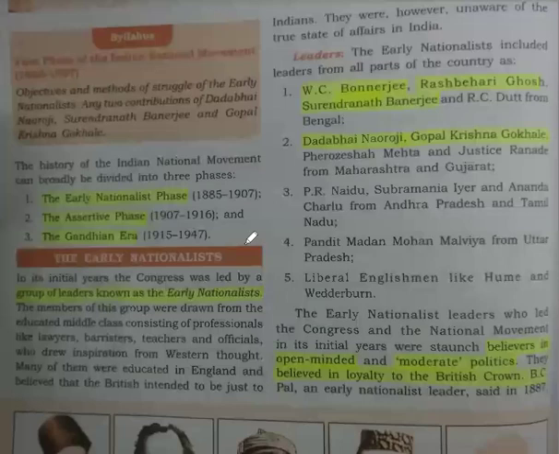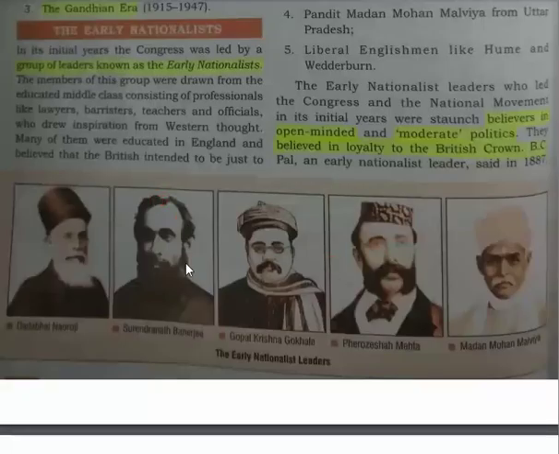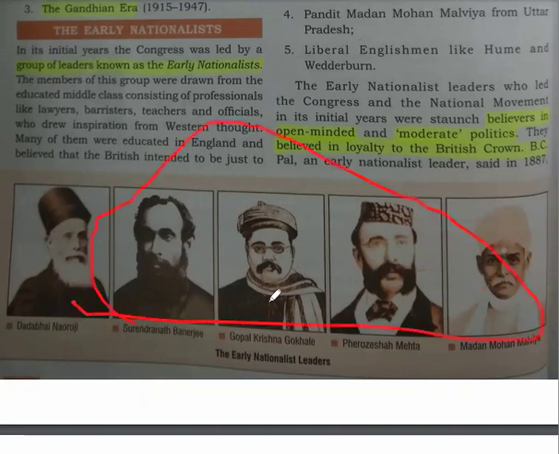There are many, but we know only five over here: Dadabhai Naoroji, Surendranath Banerjee, Gopal Krishna Gokhale, Firozshah Mehta, and Madan Mohan Malviya. These were the five main, important leaders known particularly as the early nationalists.